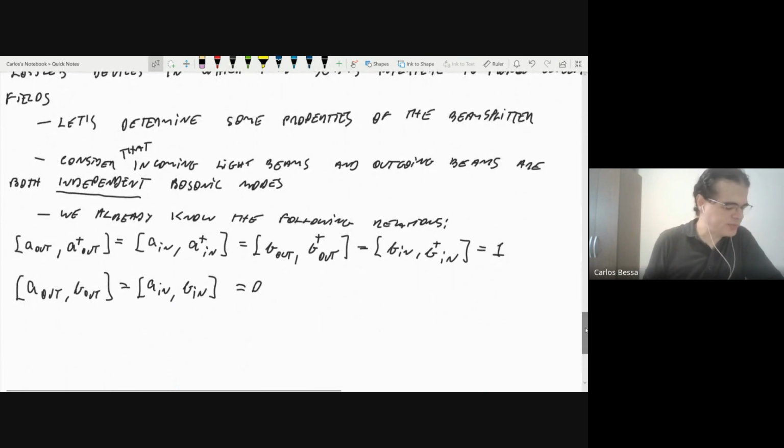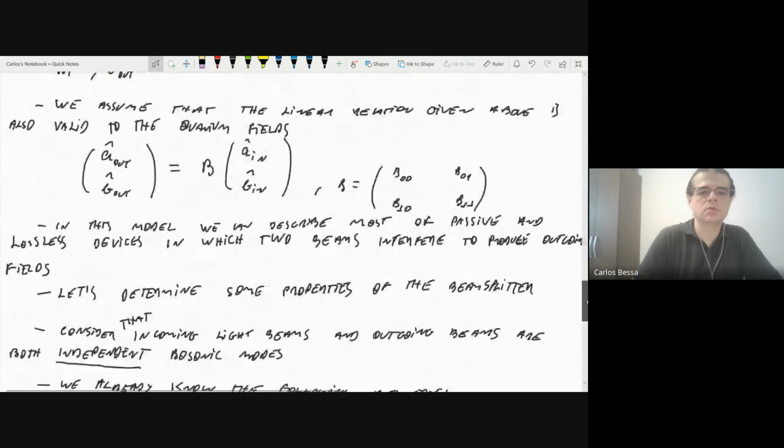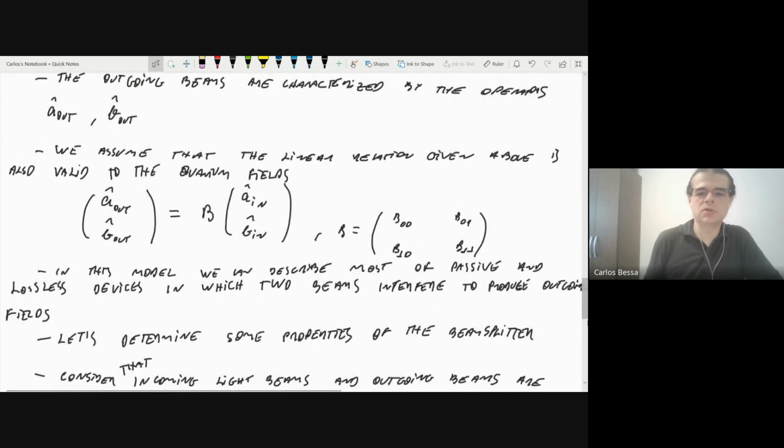For instance, we could use this first one here, A out, A dagger out, describing this matrix. With this matrix, we could evaluate A out in terms of A in and B in, and B out in terms of A in and B in.